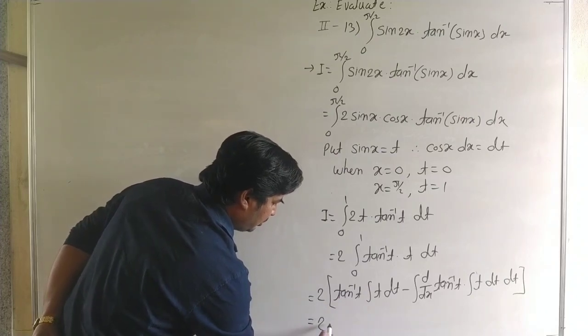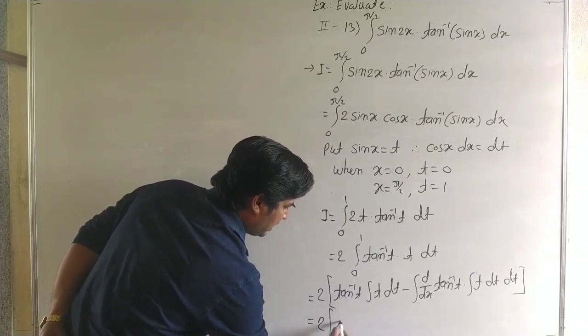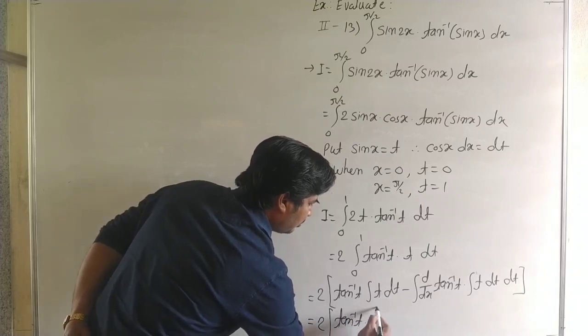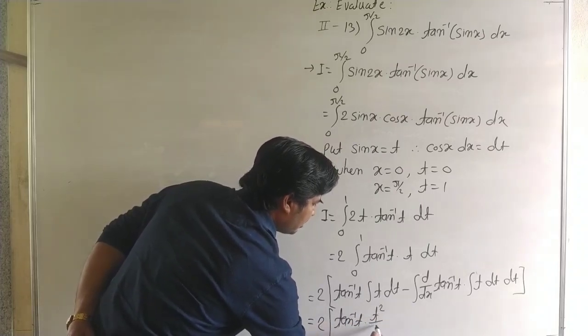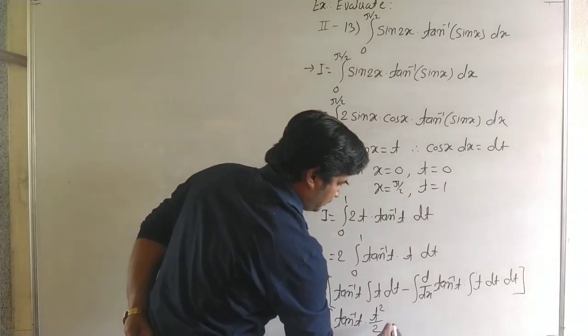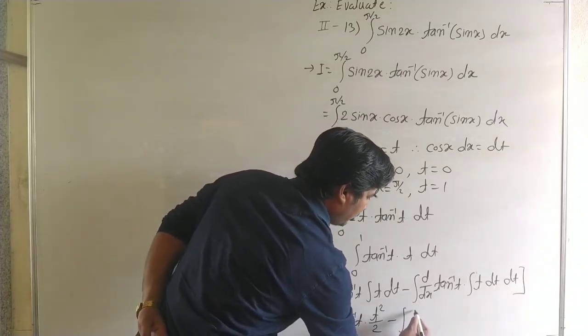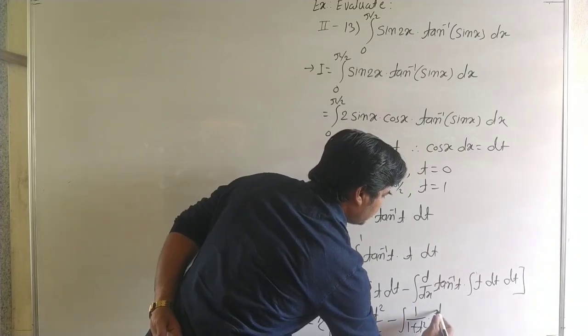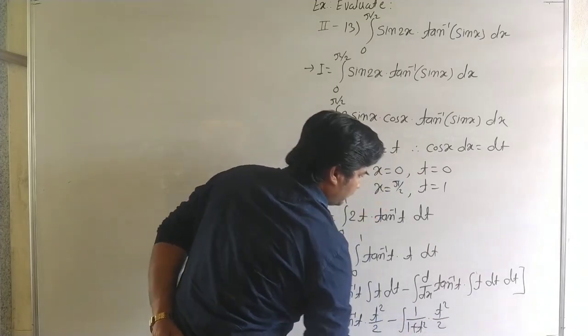Now 2 into tan inverse t into t square by 2, minus integral of the derivative of tan inverse, 1 upon 1 plus t square, into t square upon 2 dt.